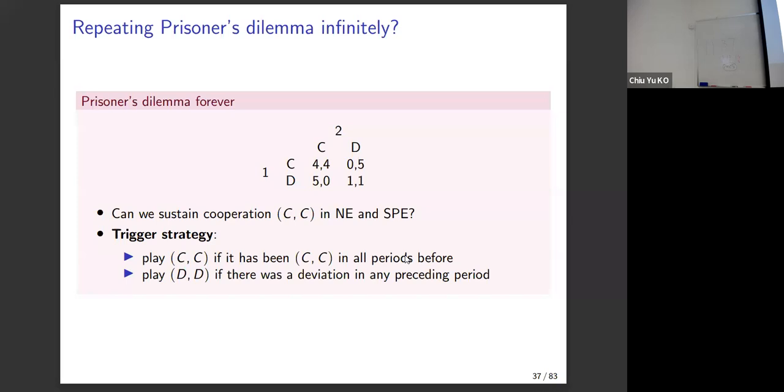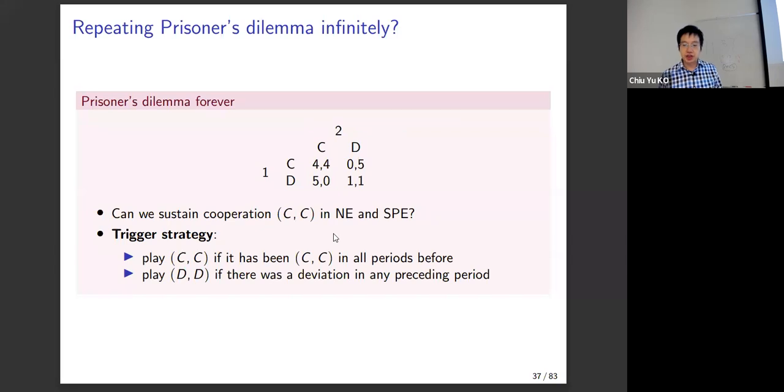Anything wrong, then divorce. Okay? That is the trigger strategy, right? So we will show this can sustain cooperation, unless you are very short-sighted. So let's see.